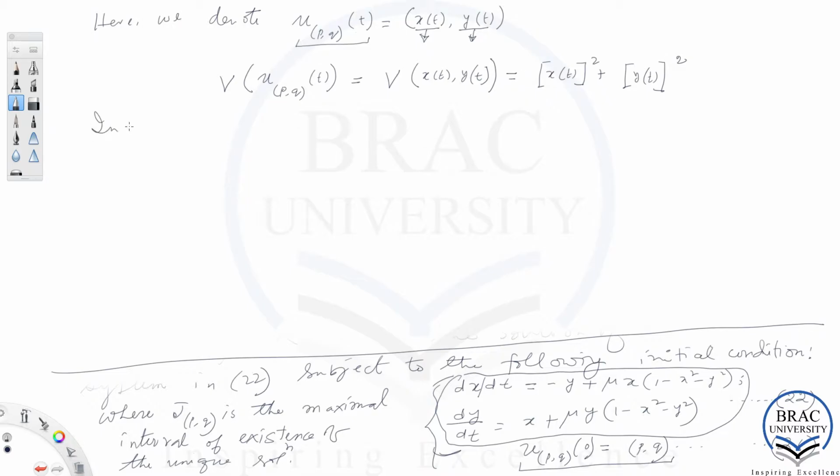So in order to show that v of u sub p comma q at t decreases with increasing t, first compute this derivative, the time derivative of this function.